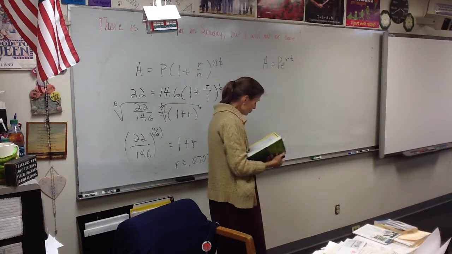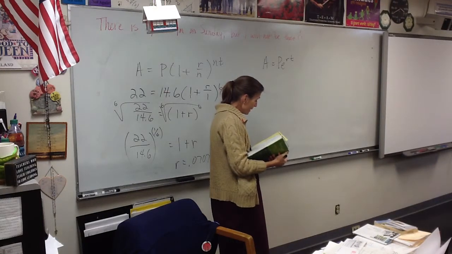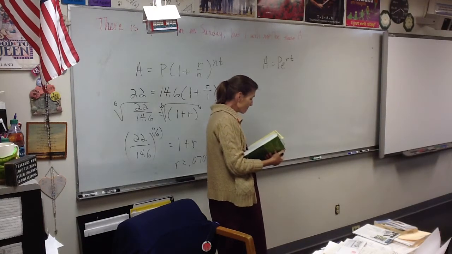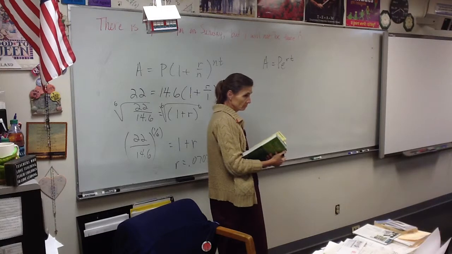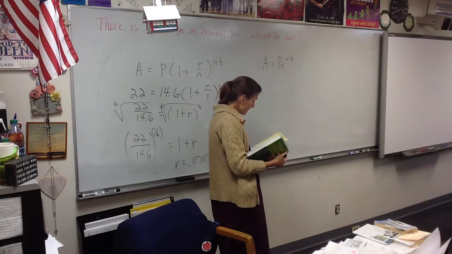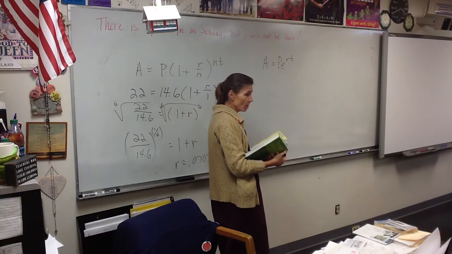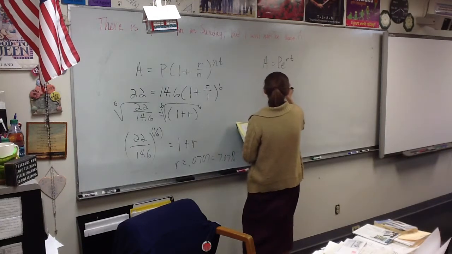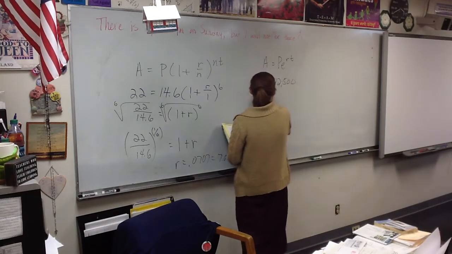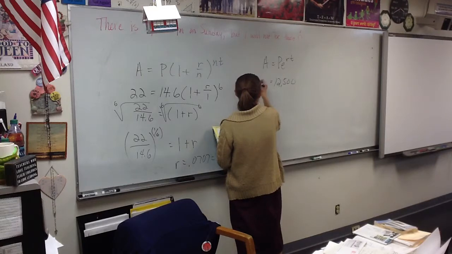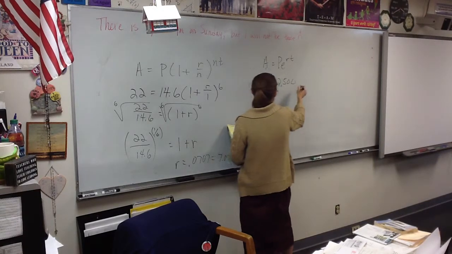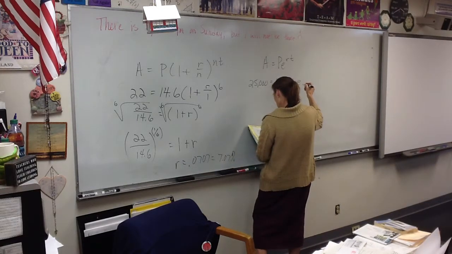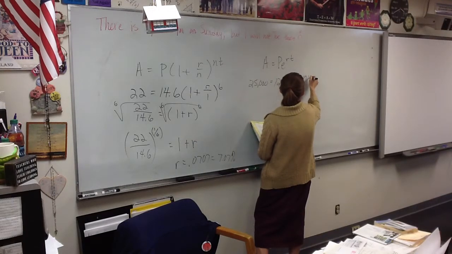So I want to double my money, and I'm starting with $12,500. So what would I be ending with? 25,000. And the interest rate is 0.09.